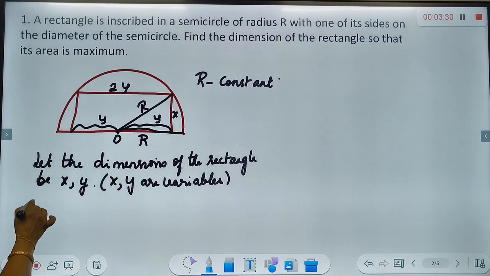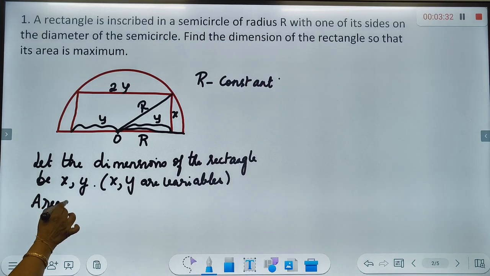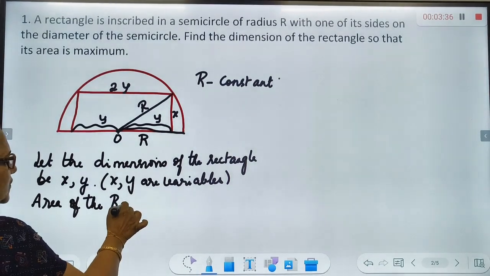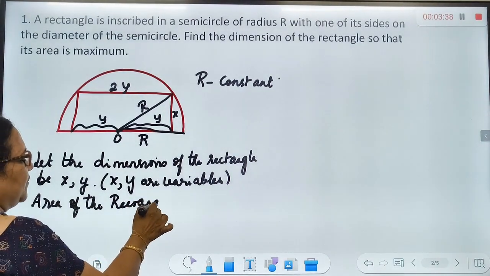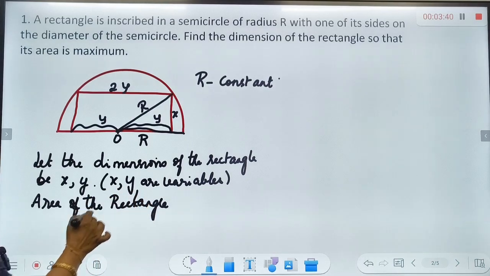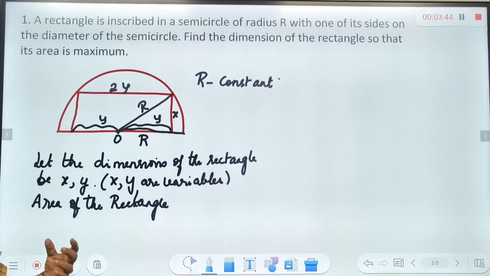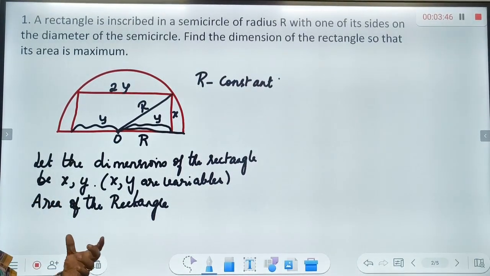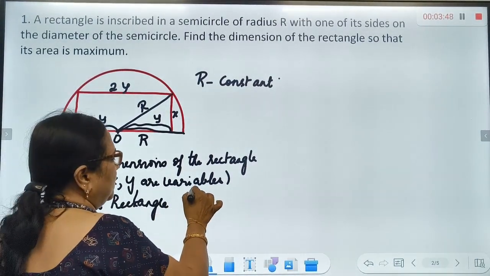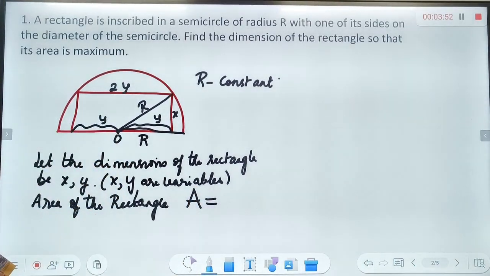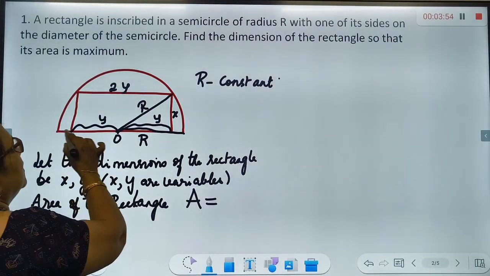Area of the rectangle, we'll call it A. Try to use the same letter that is used to specify whether it's area or volume, so that there is no confusion in your mind. Since we are dealing with area, I'm going to call the function A. And what is the area?